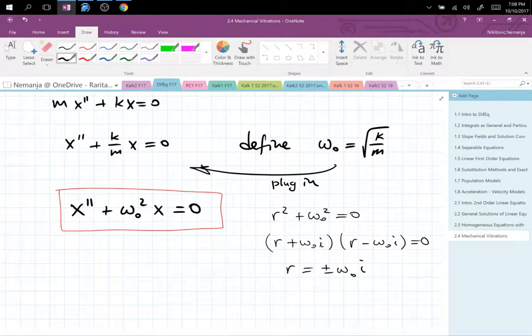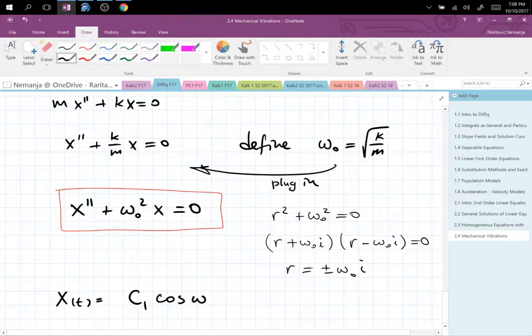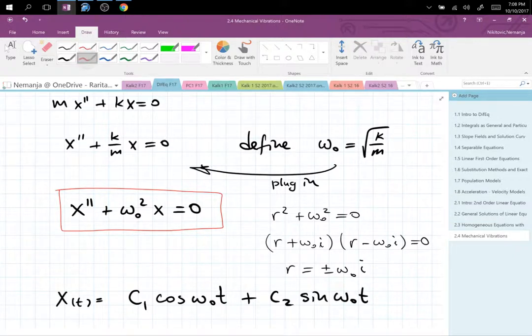Now that spells x of t equals, there is no real part, so no e, it's just c1, and here is the awesomeness of this omega squared: c1 cosine omega 0 t plus c2 sine omega 0 t. If you took physics, you saw this equation.